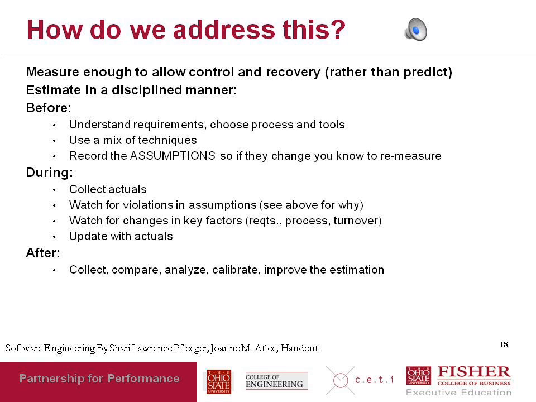Now, during the execution of the project, during the iteration, during the release, as the work is being done, collect the actuals. So collect the actual time that is being spent, collect the actual cost that is being expended, and use that to compare against your estimates and try to understand why there are differences.